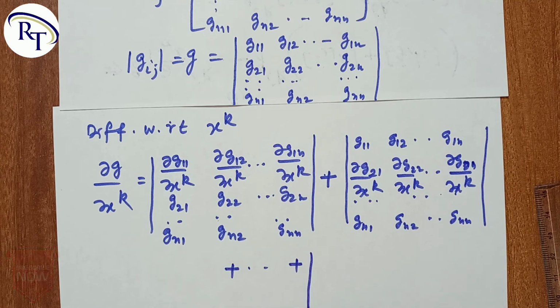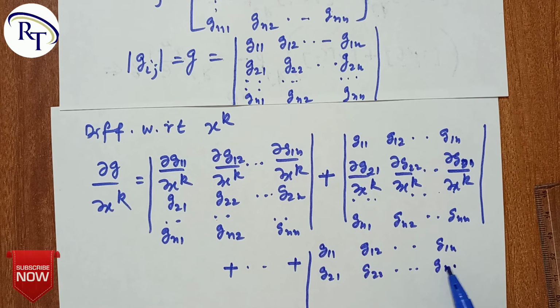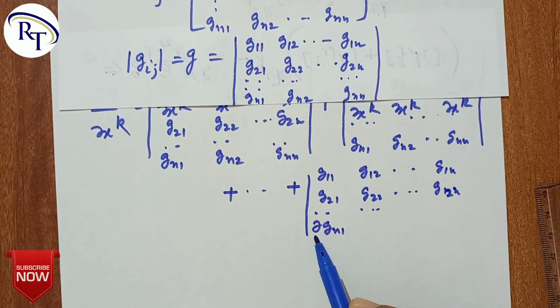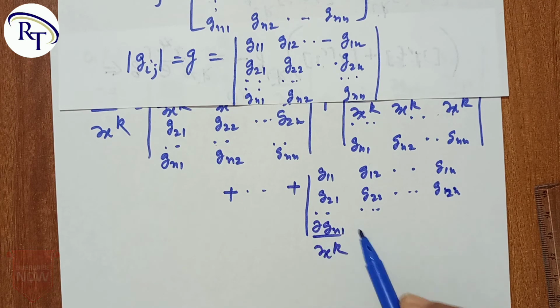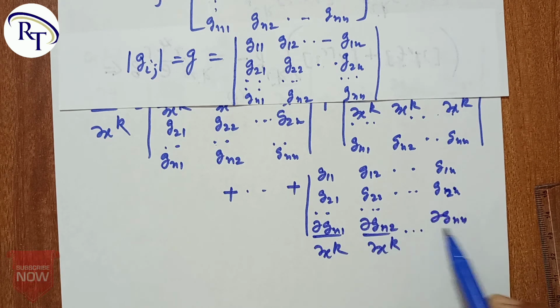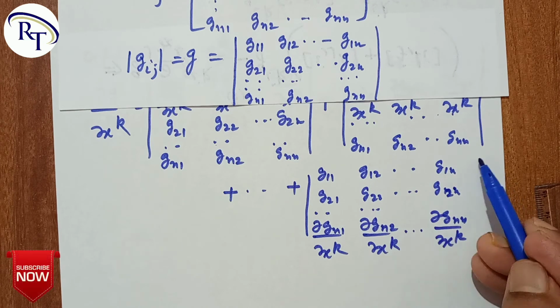In the last, we differentiate the last row, so G11, G12, G1n, G21, G22, G2n. Now in the last row, ∂Gn1/∂x^k, ∂Gn2/∂x^k, ∂Gnn/∂x^k.